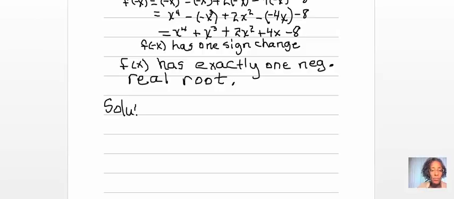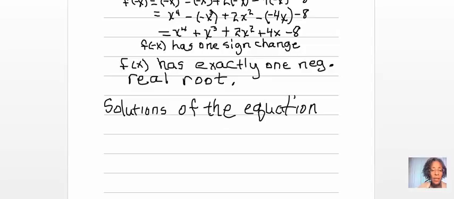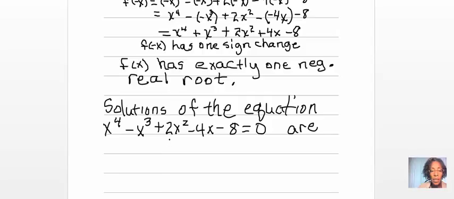So the solutions of the equation x to the 4th minus x cubed plus 2x squared minus 4x minus 8 equals 0 are, and I'm going to put them in a set because that's typically what your math lab is going to ask you to do, negative 1, 2, 2i, and negative 2i. Those are your 4 roots.